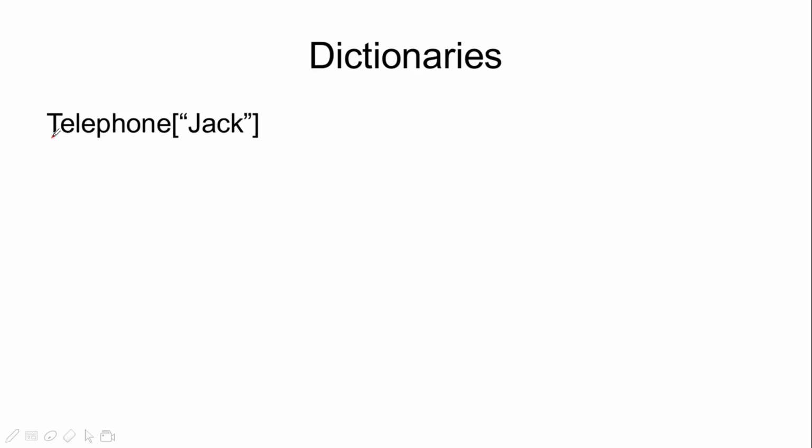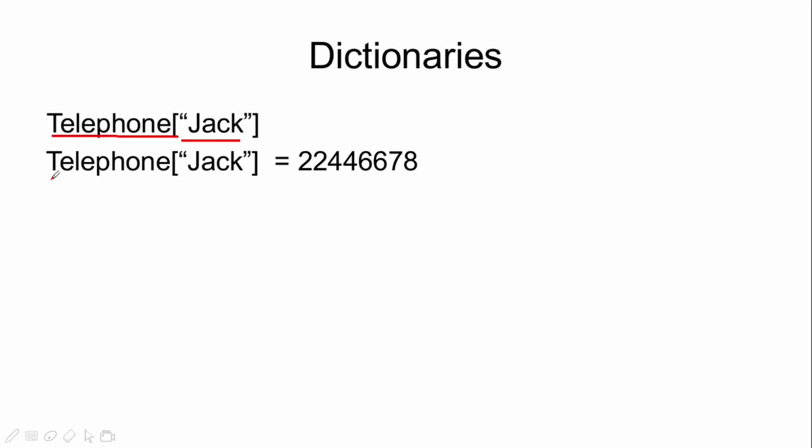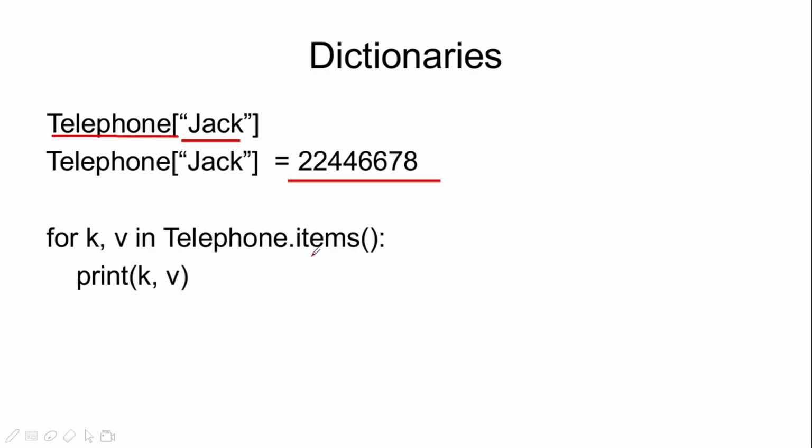To get the value of a certain key, you type the dictionary name followed by the key between square brackets. To update the value of a certain key, you do the same, but you assign it the new value using an equal sign. To loop through a dictionary, you use the items method, and this will return a key value pair.